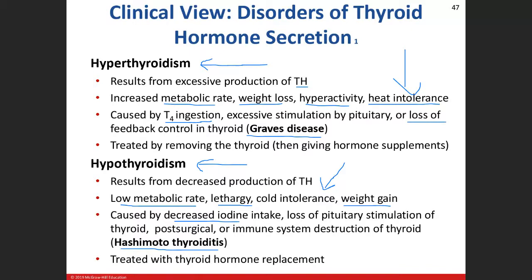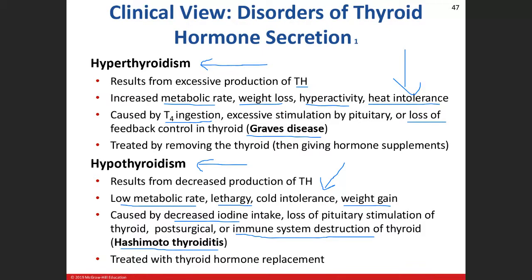Maybe by accident, you were having a surgery on one of the structures in your neck and the surgeon messed up and destroyed your thyroid gland. Could be an issue. Also, and this last one here, immune system destruction of the thyroid, that's Hashimoto's. That's what my mother has. She actually has antibodies that her body makes, and it literally attacks the thyroid gland, destroying the receptors and whatnot.